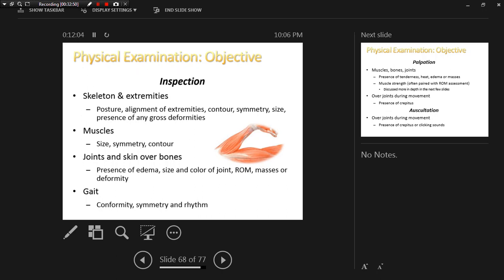We're looking for edema. Is it pitting? Is it non-pitting? We talked about their range of motion. Do they have masses? In their gait, when they get up and walk, is it smooth, even? Is it symmetric? Are their arms hanging? Is their head pointed directly? Is there that concave S appearance to it?